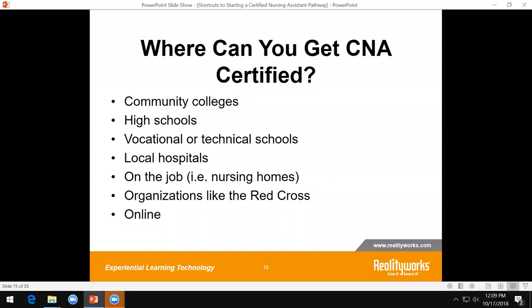Well, certified nursing assistants first must complete a state-approved training program. These are generally found in places like community colleges. They can be at high schools, vocational or technical programs, sometimes even on site at local hospitals or nursing homes. And again, some employers will offer on-the-job certification opportunities and pay for that training for their employees. The Red Cross offers an in-person class.